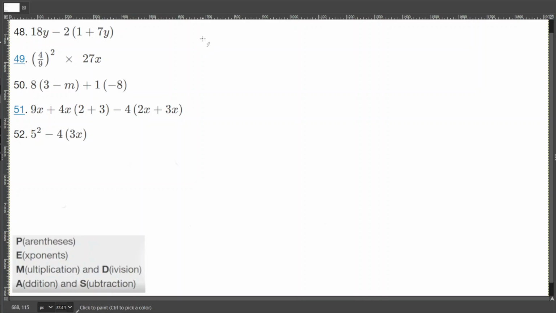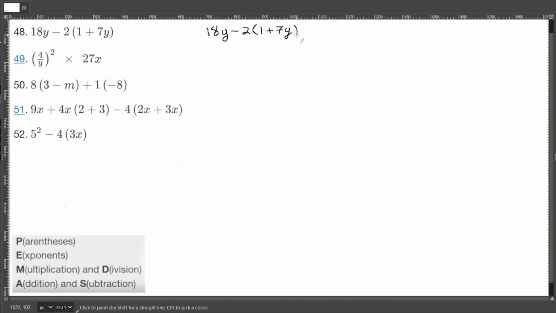Let's go ahead and work these out and see what we can learn. So the first one we're starting off with looks like 18y minus 2 times the quantity 1 plus 7y.